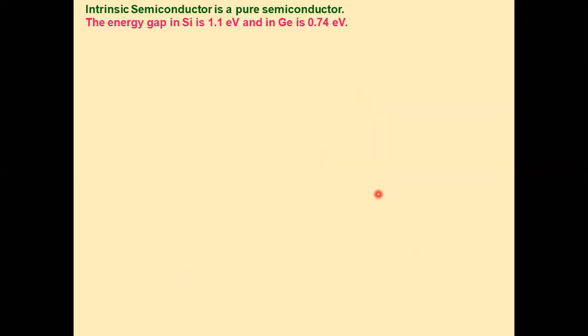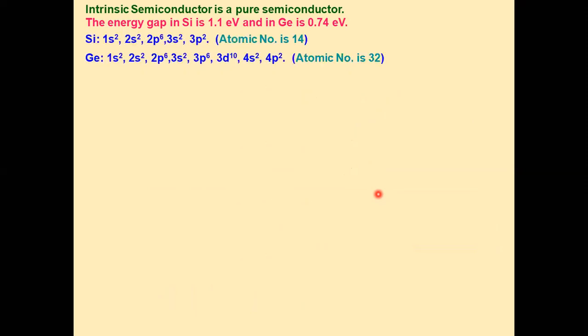The energy gap in silicon is 1.1 electron volts, and for germanium it is 0.7 electron volts. So this is silicon. The atomic number of silicon is 14, with electronic configuration 1s2, 2s2, 2p6, 3s2, and 3p2.